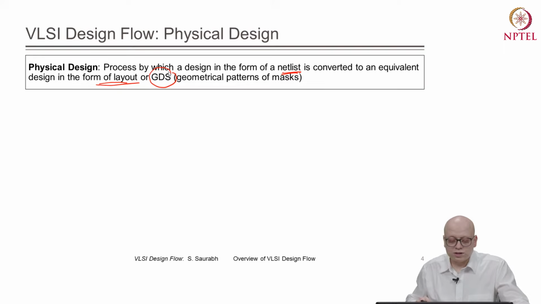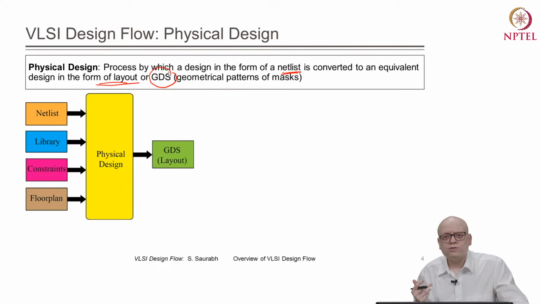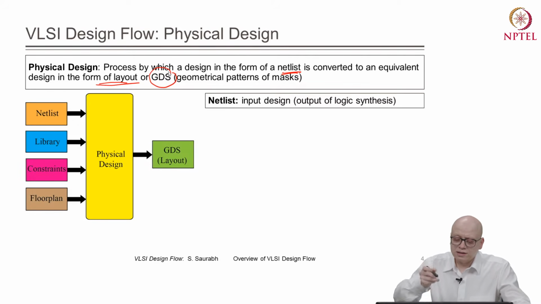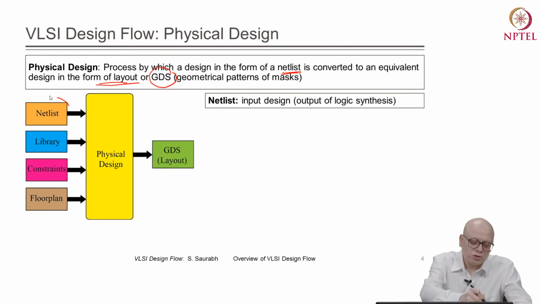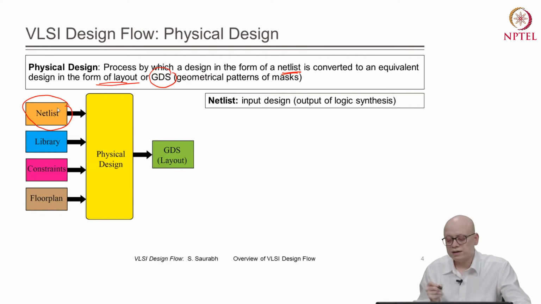So, let us look into the framework of the inputs and outputs for a physical design. The major inputs for physical design are, the first one is the netlist. The netlist is basically the design that we have obtained after logic synthesis. The same netlist we give as an input to the physical design tool, right.